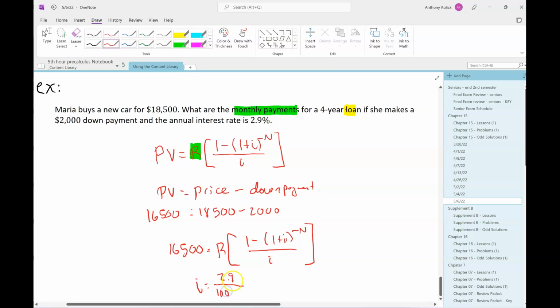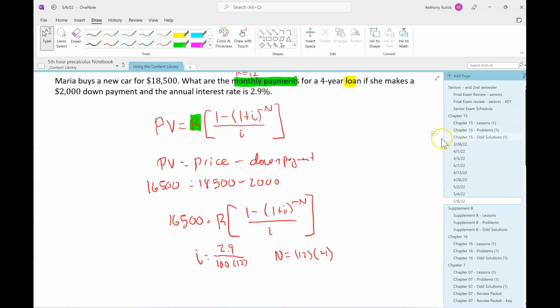And what's the K in this case? 12, because the payments are happening monthly. And how many years are we talking about? 4.